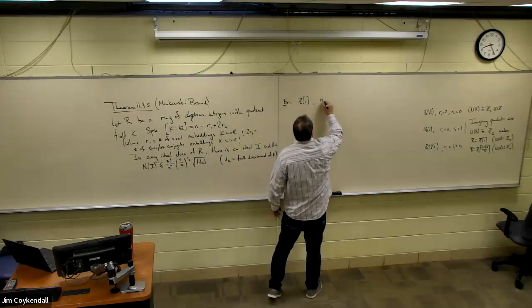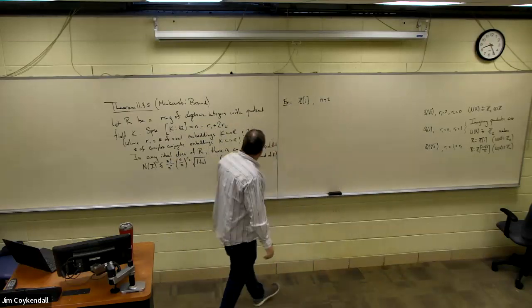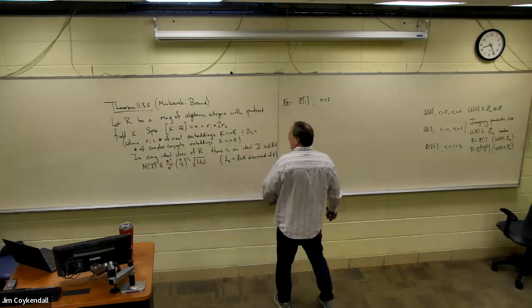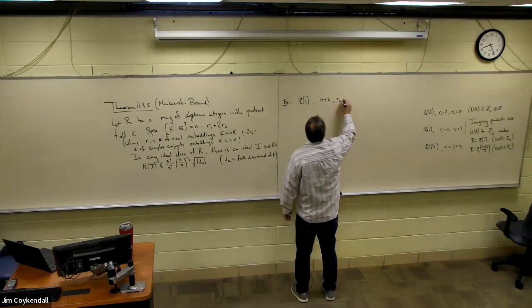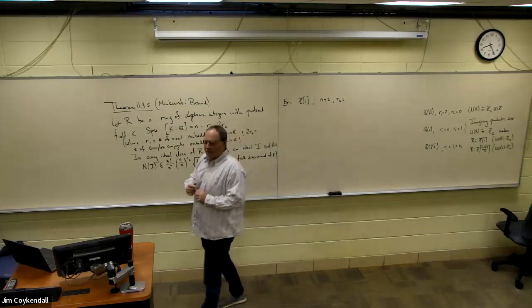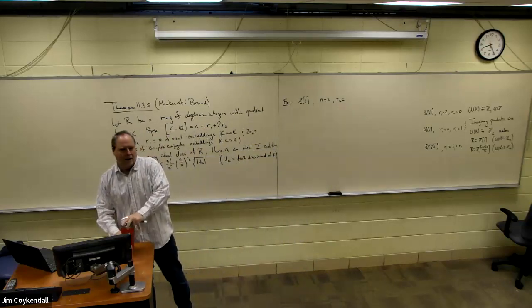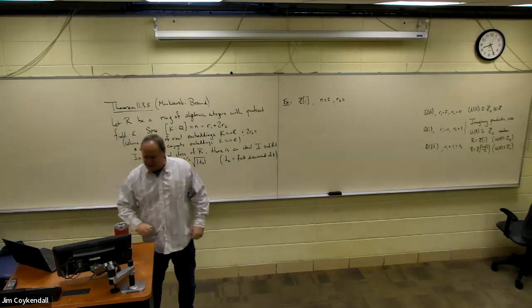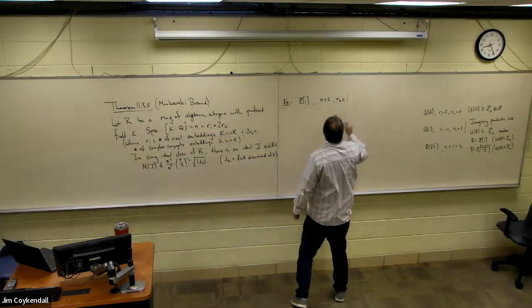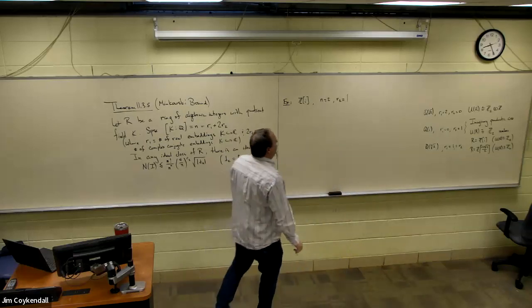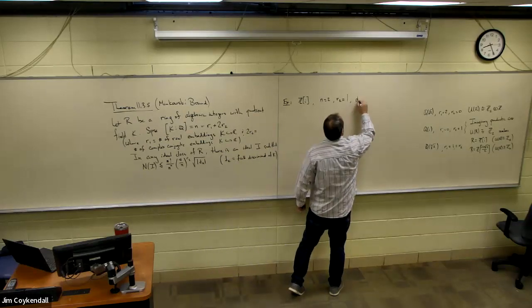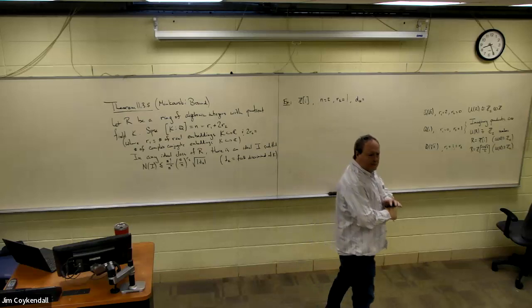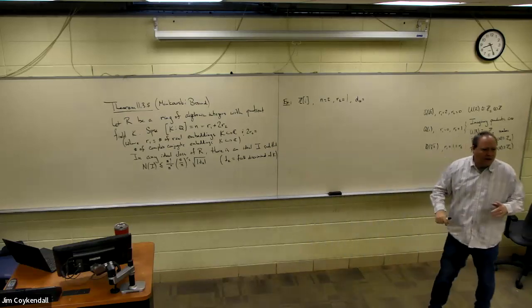Here we have n equals 2. Here R2 is, what is this one? It's 1. Good. R2 is 1, and what's the discriminant? It's -4.